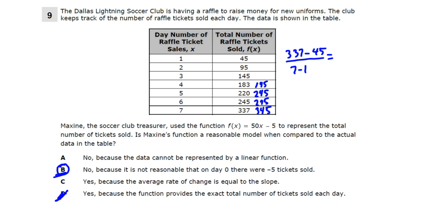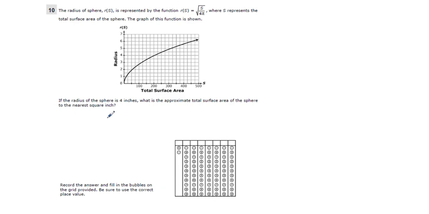Next, 10, we're going to look at a graph here. The radius of sphere R of S is represented by a function R(S) equals the square root of quantity S over 4 pi, where S represents the total surface area of the graph. If the radius of the sphere is 4 inches, so we go to 4 inches here, what is the approximate total surface area of the sphere to the nearest square inch?